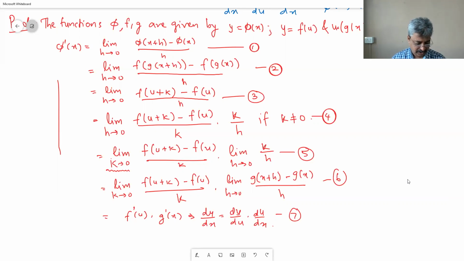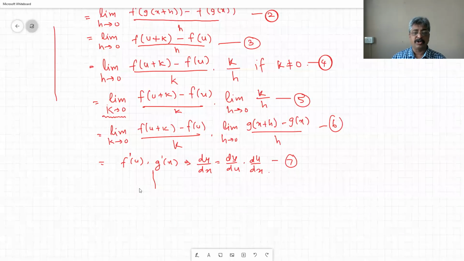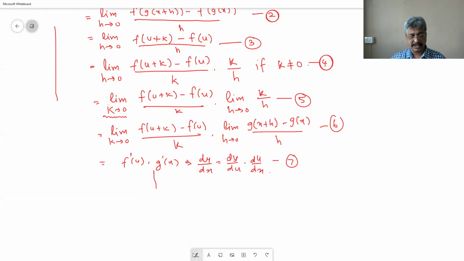And therefore, technically whatever we have written is correct because k is not equal to 0. And maybe we can finish by saying that the result is true if k is equal to 0 also. Why? Because if k is equal to 0, we need not do all these things.